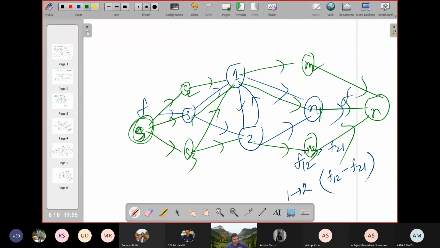So this was about the Ford Fulkerson algorithm. In the next class we will discuss the shortest path problems in networks, the Dijkstra algorithm, and the minimum spanning tree problems. I have a feeling that some of you are already familiar with it, so I want at least some of you to come forward and present your understanding of Dijkstra, how to solve the shortest path problem on directed arcs, and the minimal spanning tree problem using Prim's algorithm, or some other algorithm.